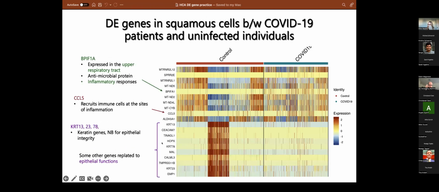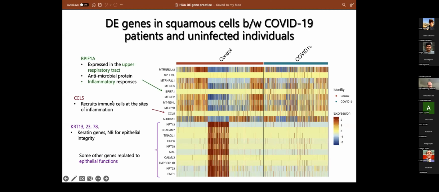And this is the result for squamous cells as well. Some genes I actually don't know why they are upregulated, but if you compare the expression between control and COVID-19 patients, you can see that some genes are upregulated in the control patient. When I looked at these genes, it looks like it's something to do with epithelial integrity.